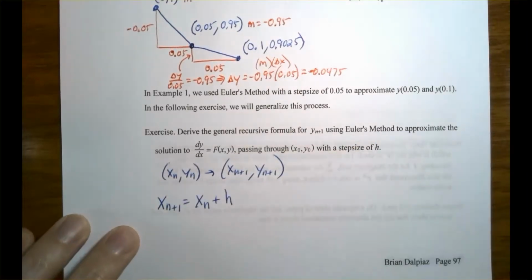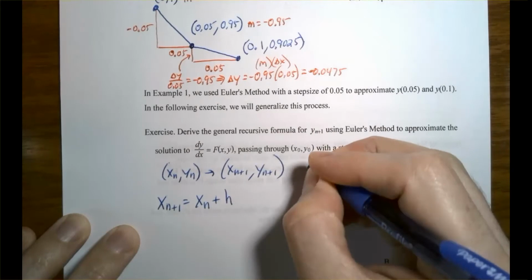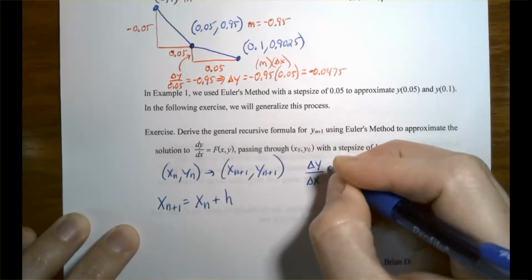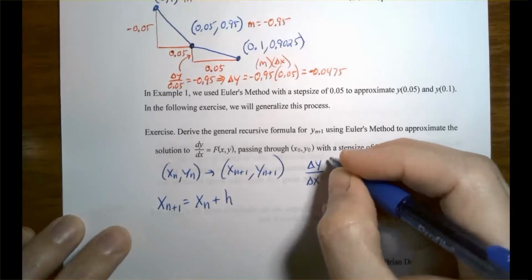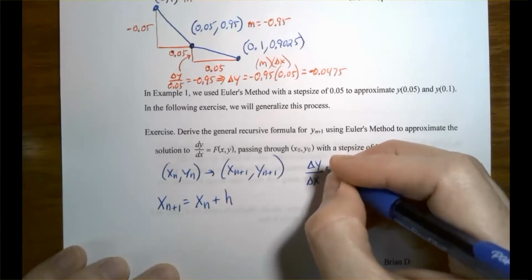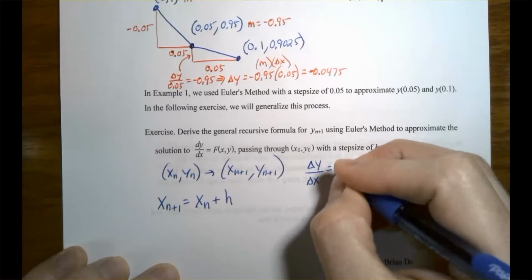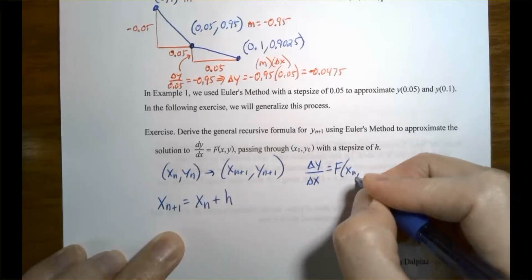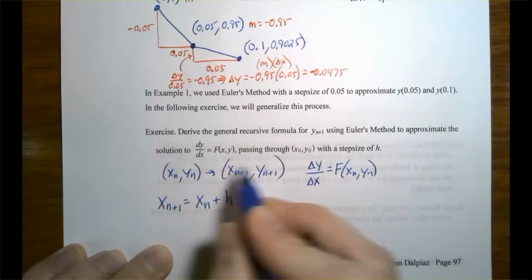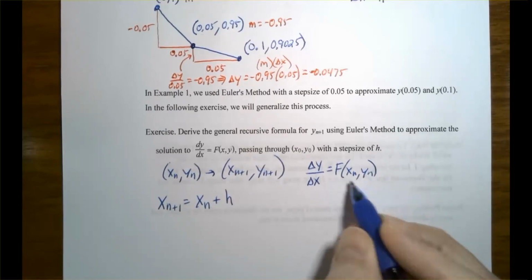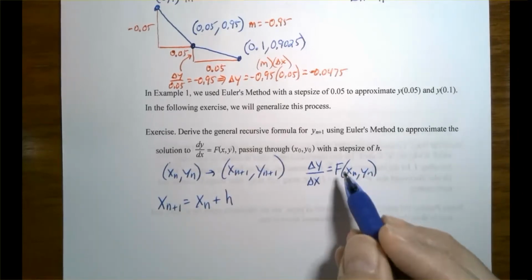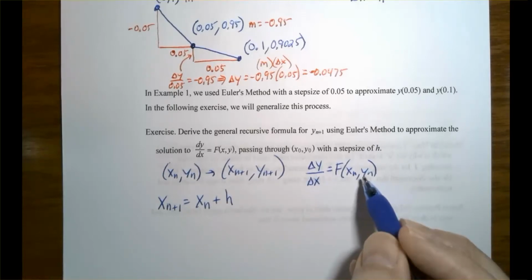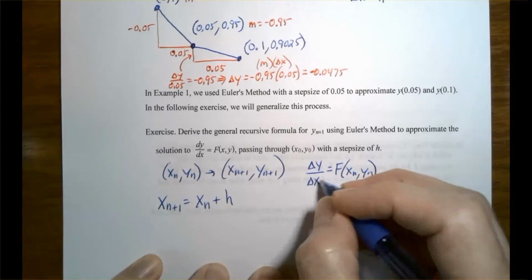To get the y, I'm going to make use of the fact that the change in y over the change in x is approximately my slope, and the slope I'm using is equal to f at the previous value, x_n, y_n. This gives me the slope of the differential equation, or the slope of the potential solution to the differential equation at x_n, y_n. Instead of delta x, I'll call that h.